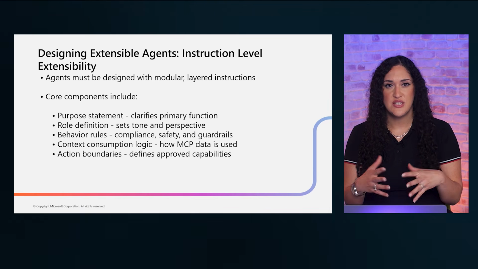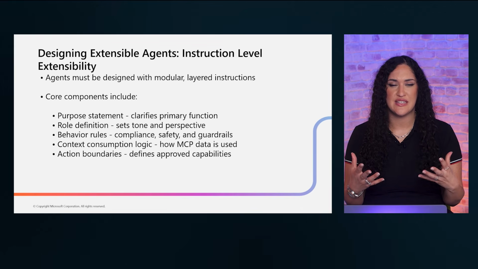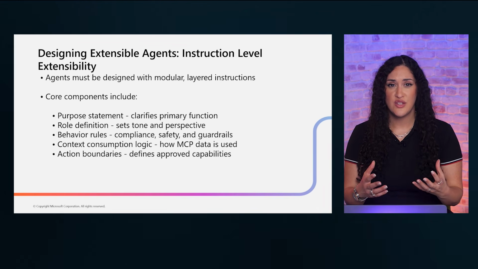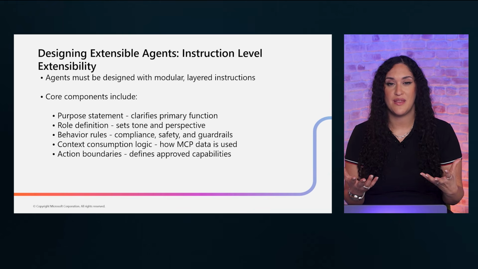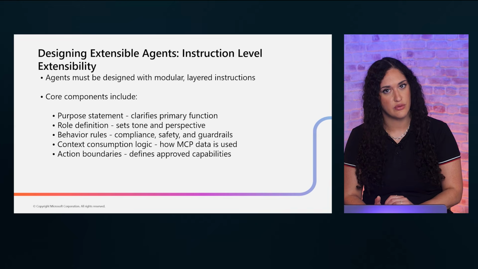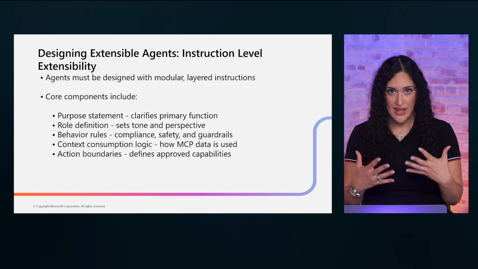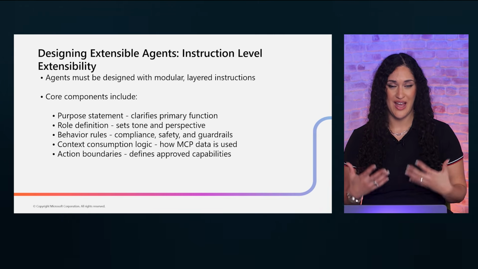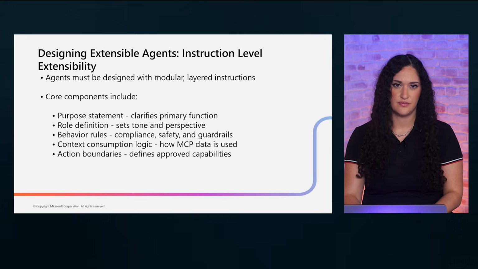The best practice is to keep each component independent and versionable. When compliance rules change, you should be able to update the behavior rules layer without touching the purpose statement or role definition. This modularity is what makes your agents extensible and maintainable at scale.